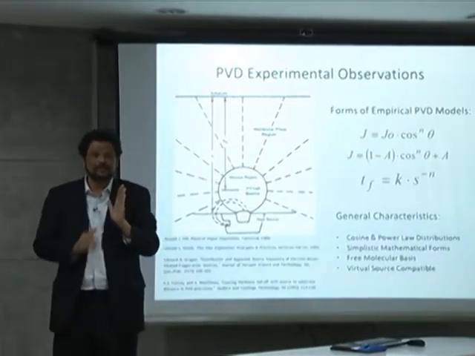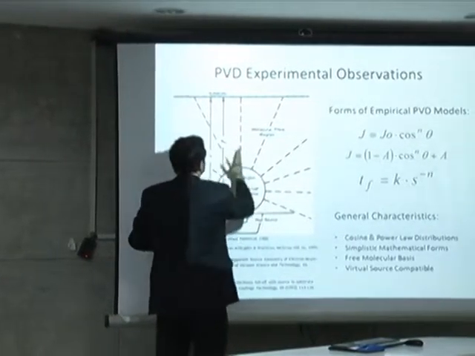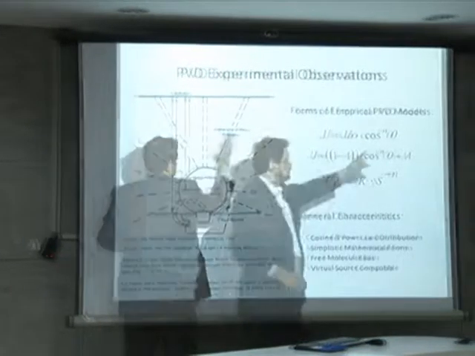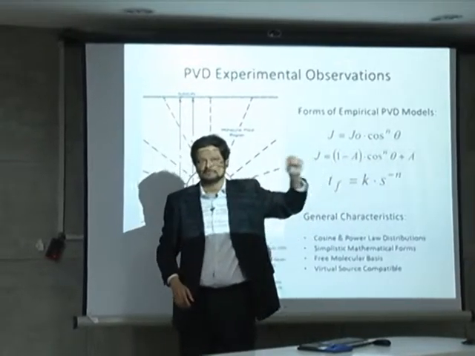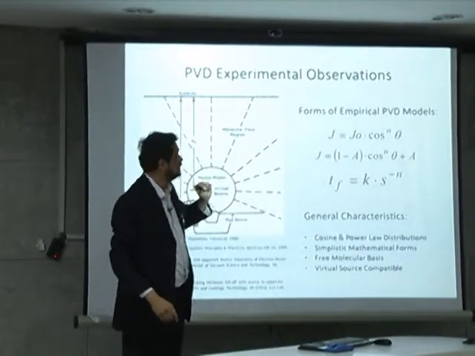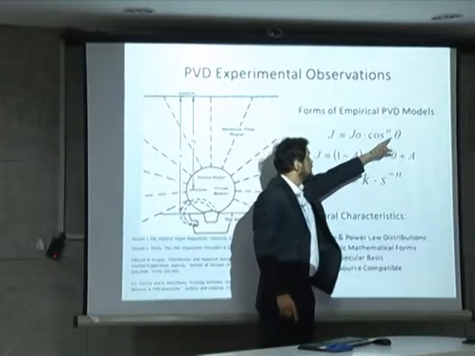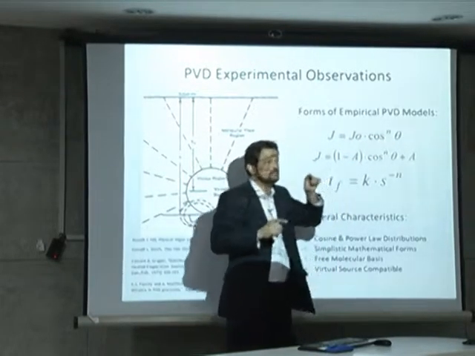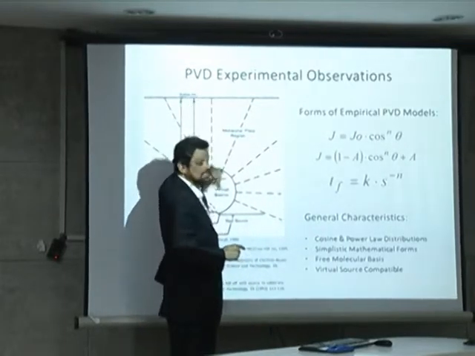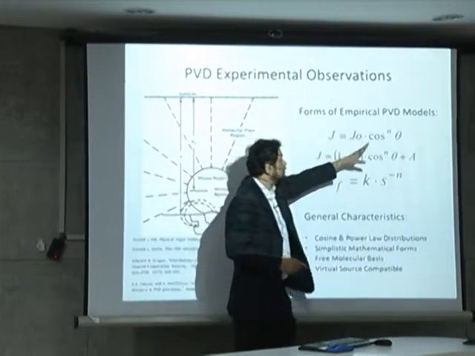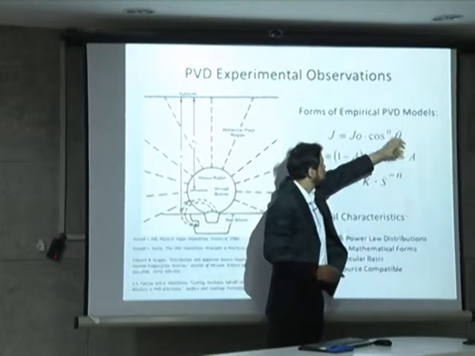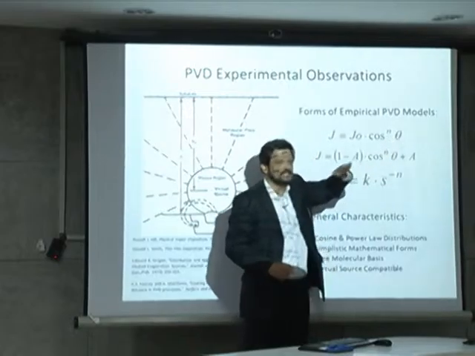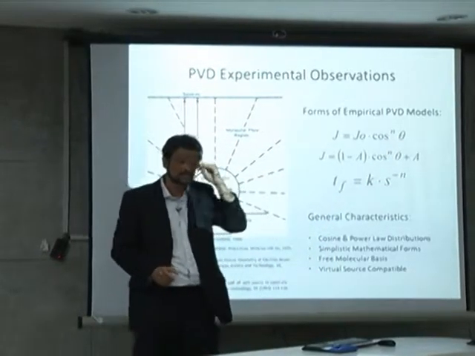When theta is equal to 0, the angle is 0, it is right in the center. When the angle increases, it goes like that. Cosine 0 is how much? 1, right? So at angle 0, J is equal to J0. So it is the rate at the center thickness. When the angle goes on increasing, let's forget about n for the second. The cosine theta will go on decreasing, right? It becomes a fraction.